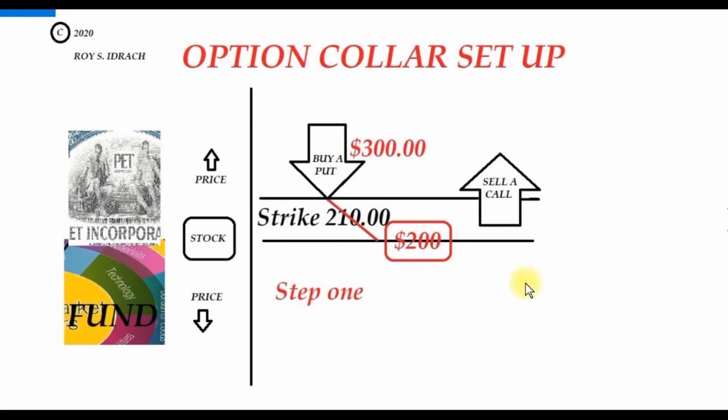So here we go. The first step is you own the pet company, and you're going to sell a put at 210. So you're going to sell a put that is higher than the price that you bought the stock. You bought it at 200, you're going to sell a put at 210, right?